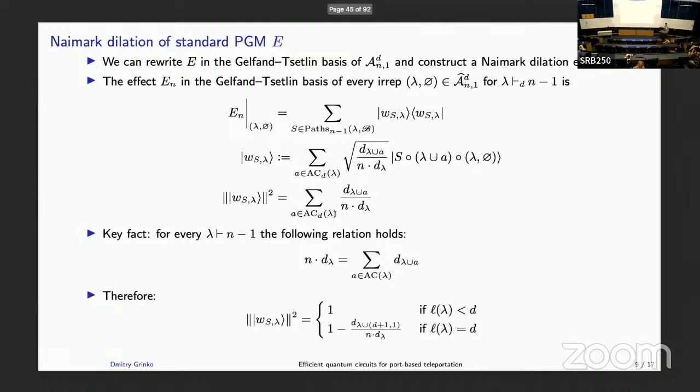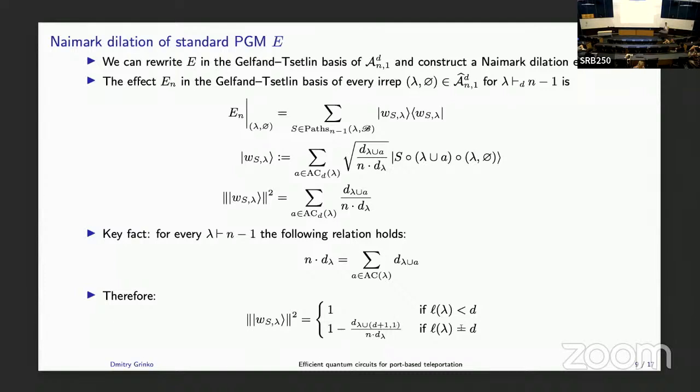Because of this, you can easily realize that for some of the Young diagrams this norm is already 1, meaning that already in those irreducible representations the measurement is automatically projective. But for some of them it's not 1, and it will not be a projective measurement, because these are not normalized states. But you can see from here what you are missing. This gives you the intuition of what you need to add, how you should enlarge the Hilbert space so as to restore the norm 1 condition here.